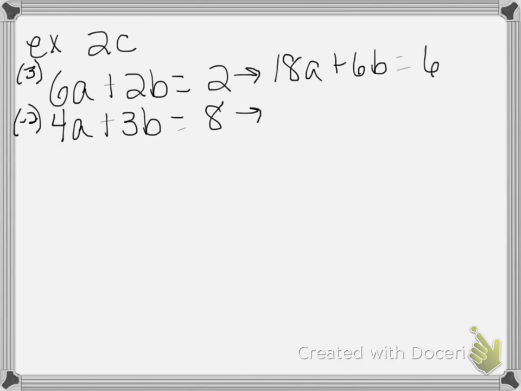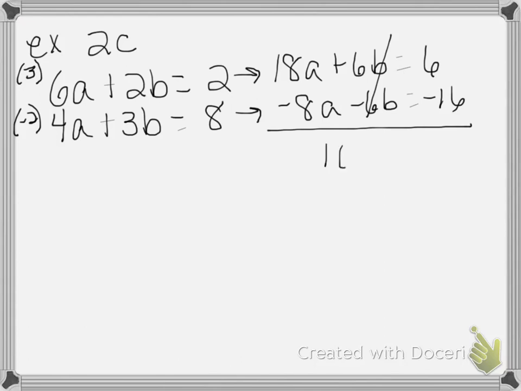Negative 2 times 4a is a negative 8a minus 6b is equal to negative 16. Now, notice the b's go away. 18a minus 8a is 10a is equal to negative 10.